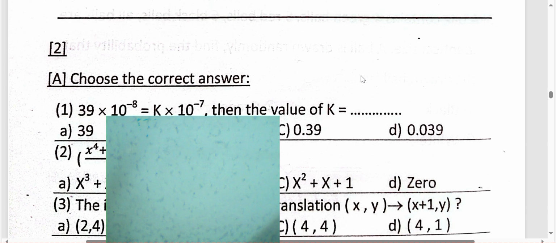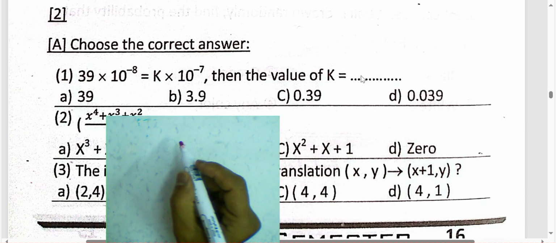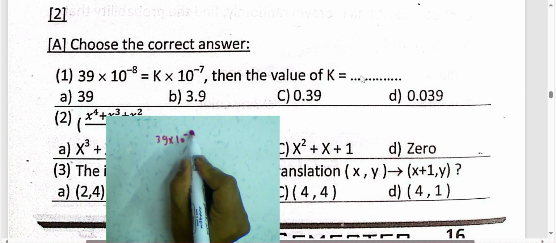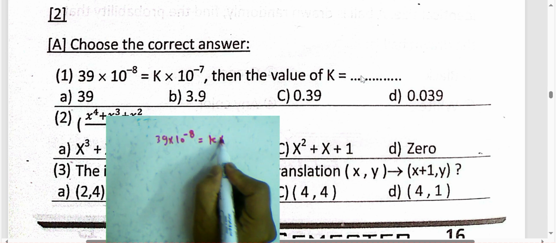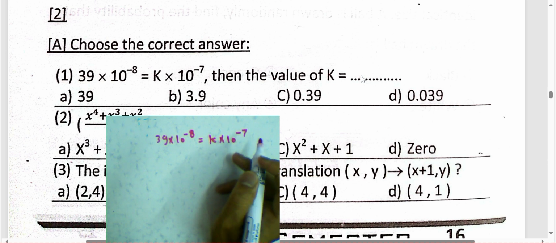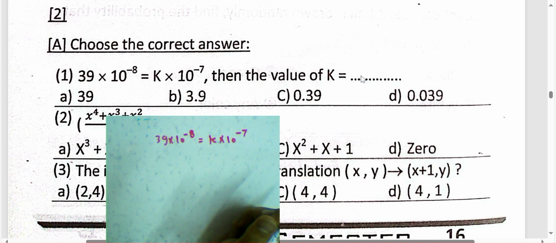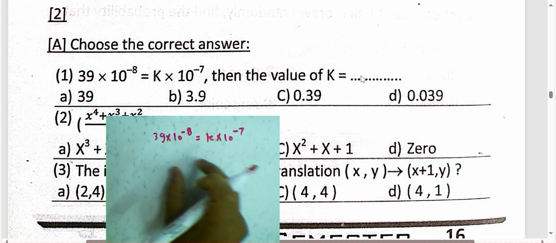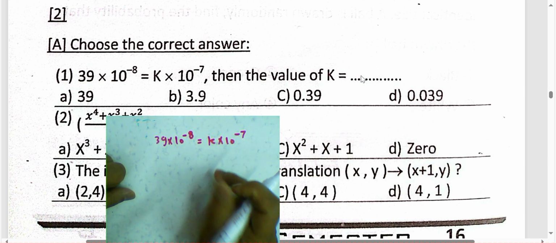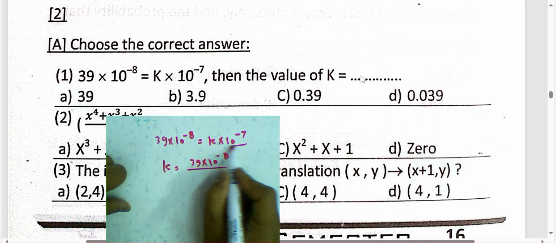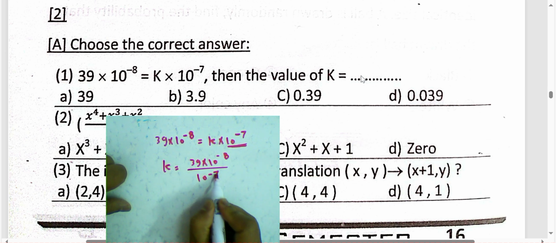Next example. Choose the correct answer. 39 multiplied by 10 power negative 8 equals k times 10 power negative 7. We want to find k. We can find k by dividing the left hand side by the coefficient of k. Then k equals 39 multiplied by 10 power negative 8 over 10 power negative 7.